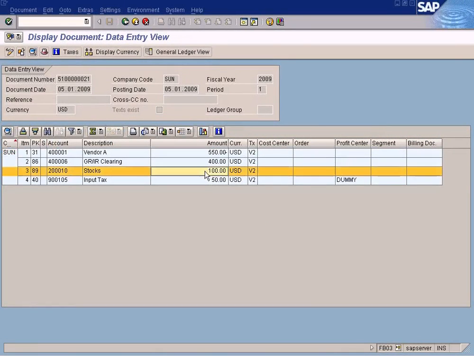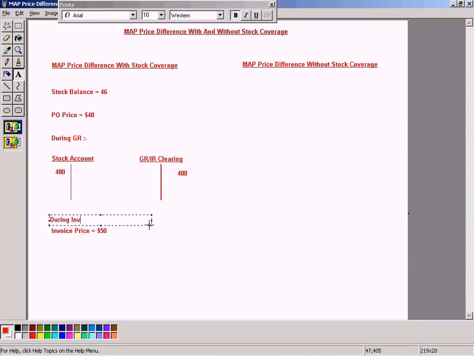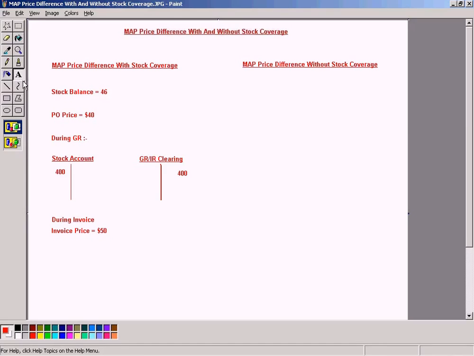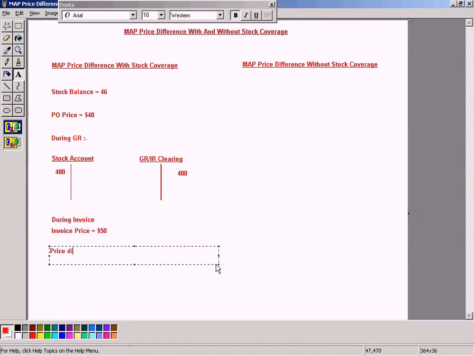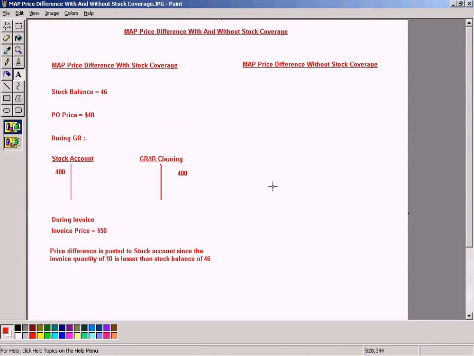So you can see here, during invoice, the price difference is posted to stock account since the invoice quantity of 10 is lesser than stock balance of 46. Okay, this is what we can see here.